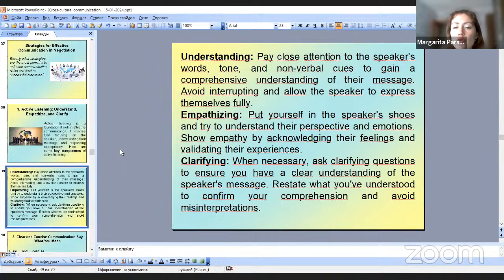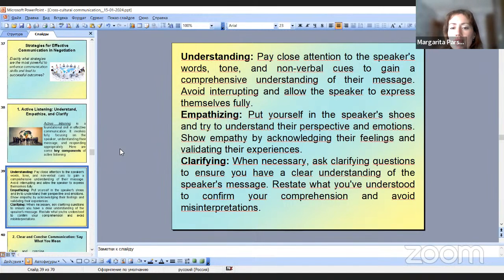Of course, avoid interrupting and allow the speaker to express themselves fully to the whole point of what he's trying to say. Empathizing. You put yourself in the speaker's shoes, and try to understand him, their perspective, their emotions.